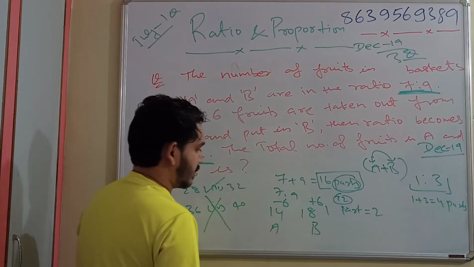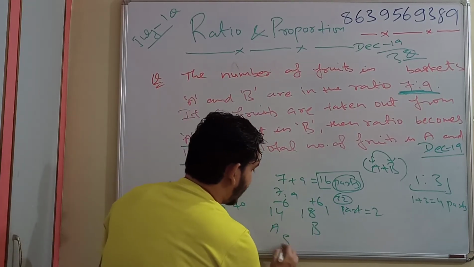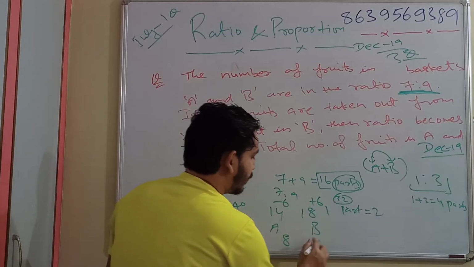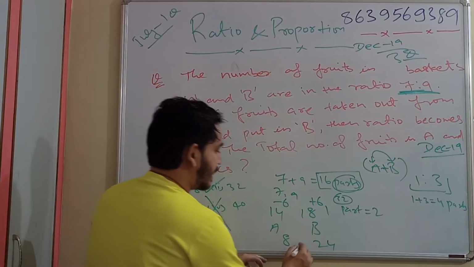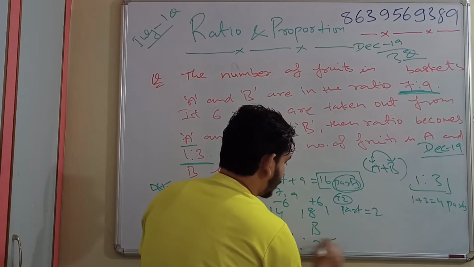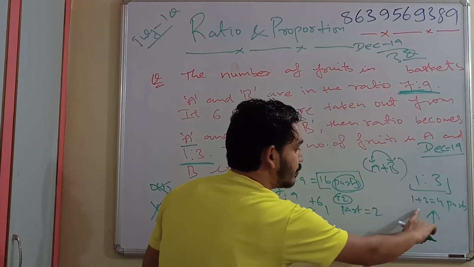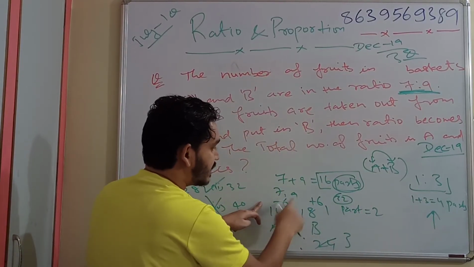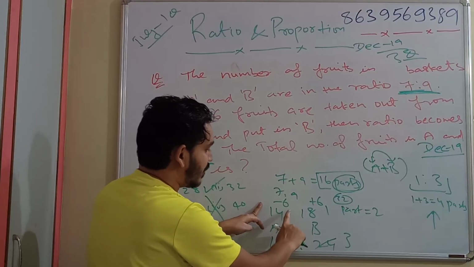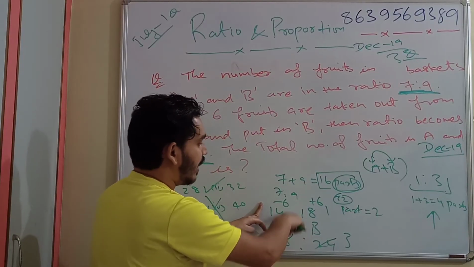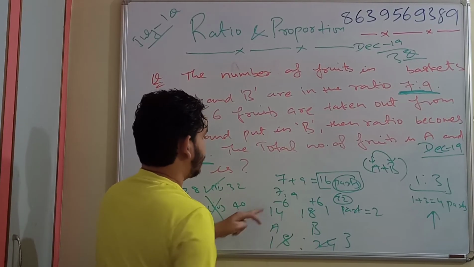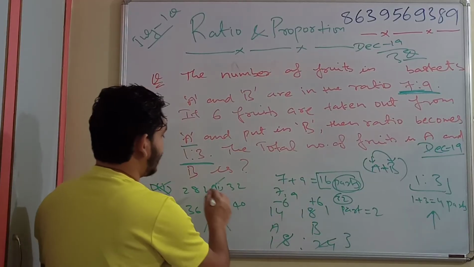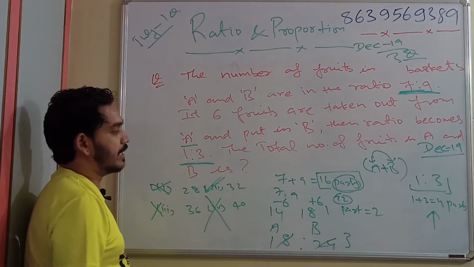This is +6. Now 14 minus 6 will become 8 and this 18 plus 6 will become 24. And then you will see that this ratio is 1:3 only. That was what we were getting when we are doing this -6 and +6, when we are removing 6 fruits from A and putting in B. So the answer would be second option 32.